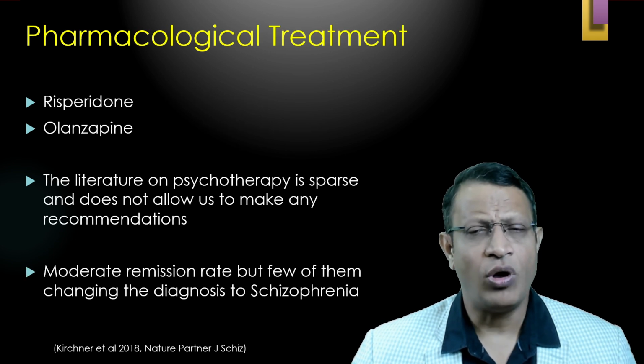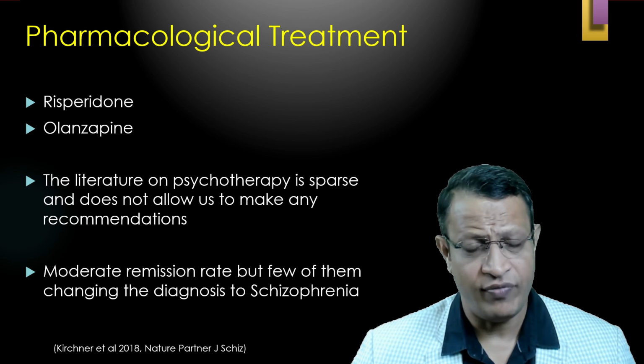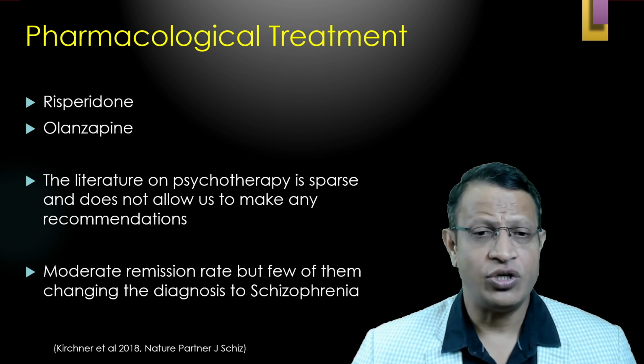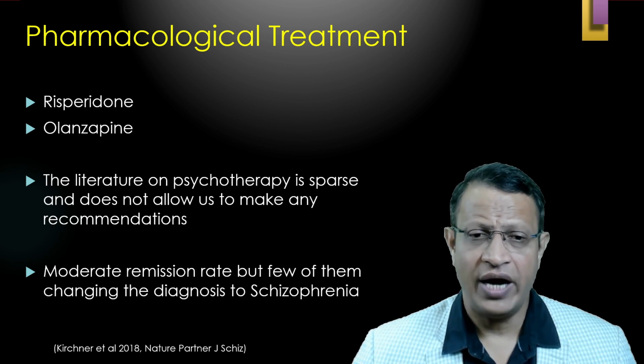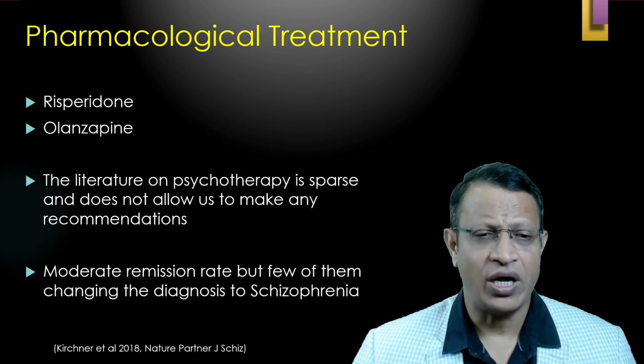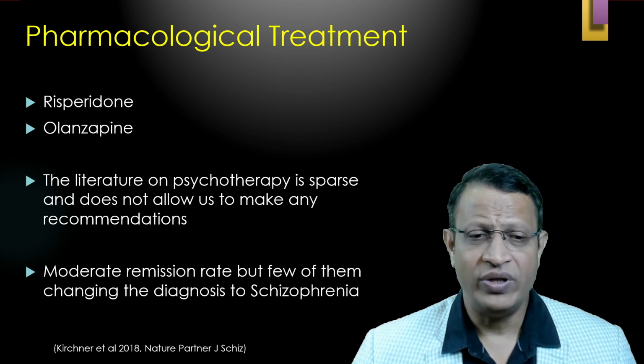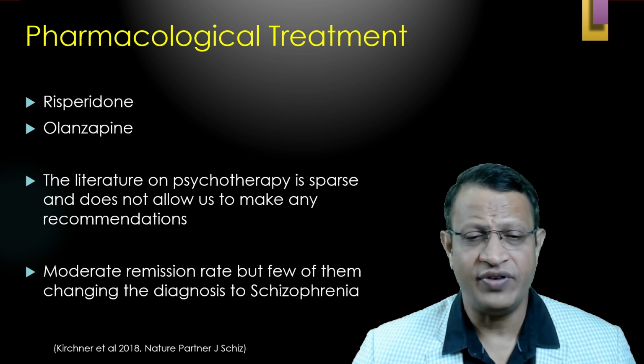With regard to pharmacological treatment, risperidone and olanzapine have been found to be beneficial in schizotypal personality disorder. The literature on psychotherapy is sparse and does not allow us to make any strong recommendation. Moderate remission rates have been noted, along with changes of diagnosis to schizophrenia in schizotypal patients.